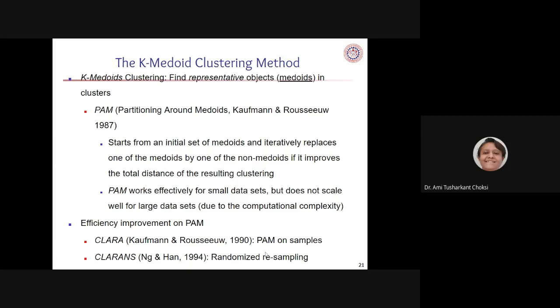These are also the algorithms which improve the PAM algorithm, right? Because we say that PAM has some disadvantages, which is that it does not scale well for large data sets, right?